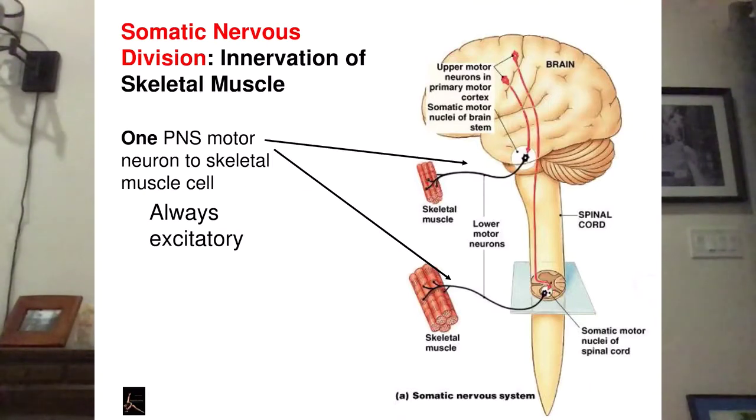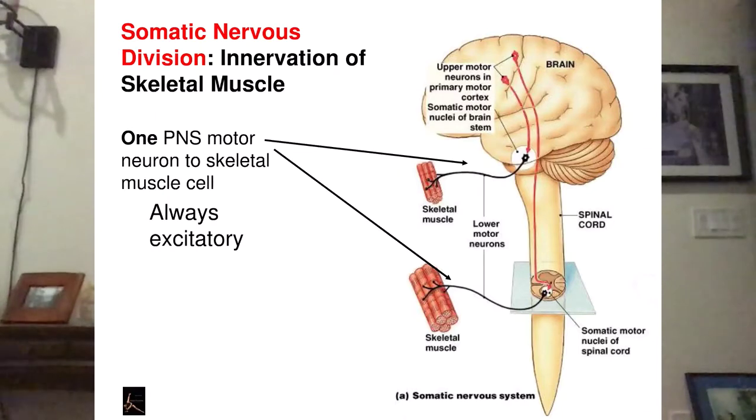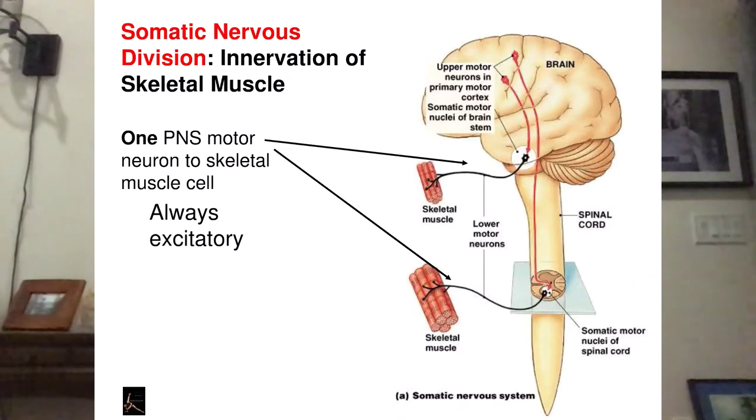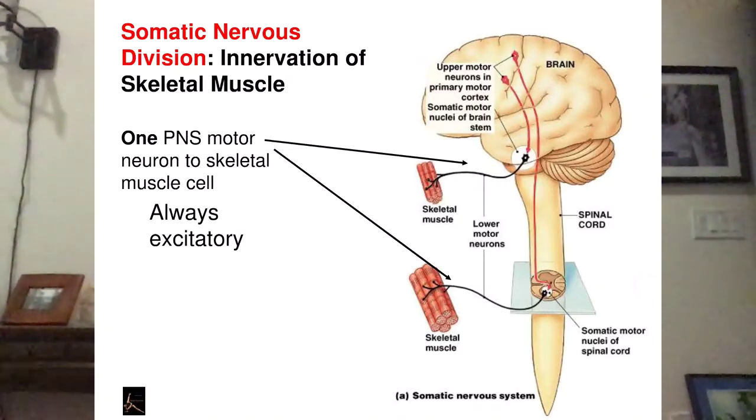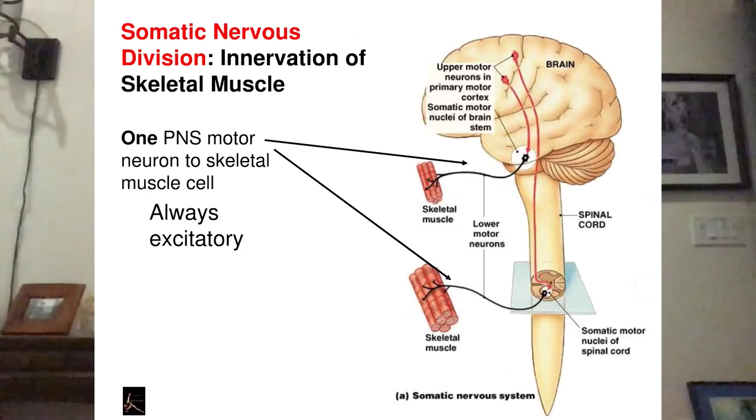That's where we get higher processing and voluntary control. This is where you're making a decision: I want to move my arm or my leg or something. This pathway is always excitatory, because later on we're going to learn about the synapses and the neurotransmitters that are used. So it's always excitatory in this simple pathway.